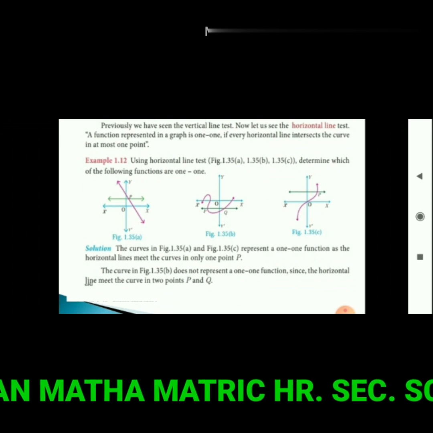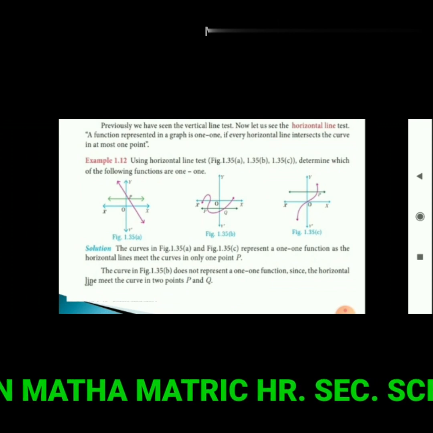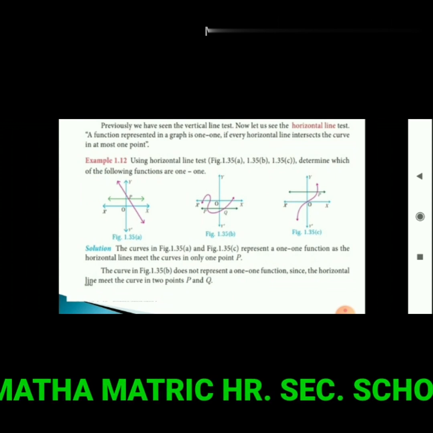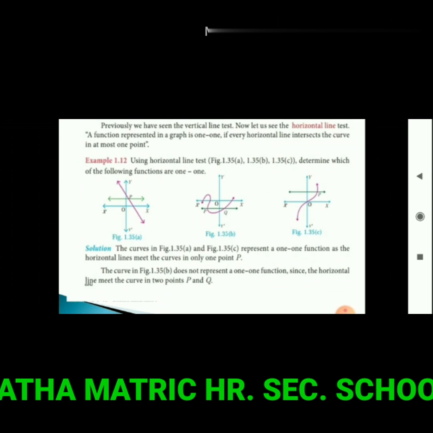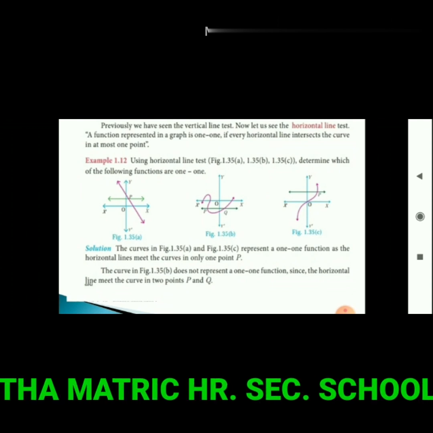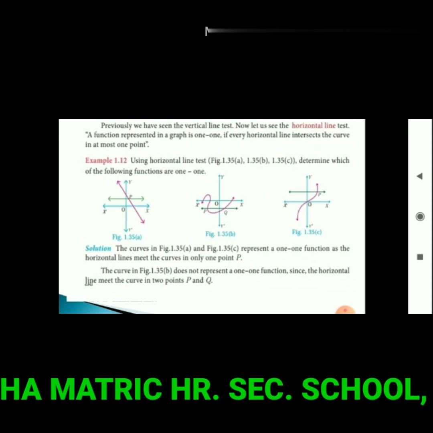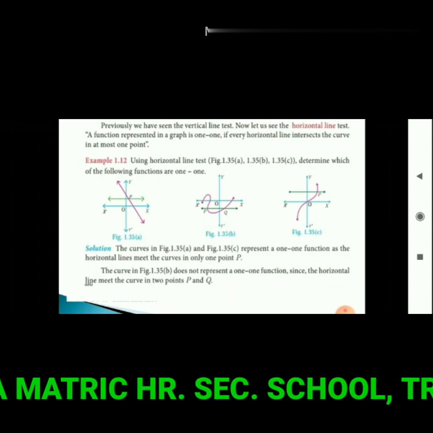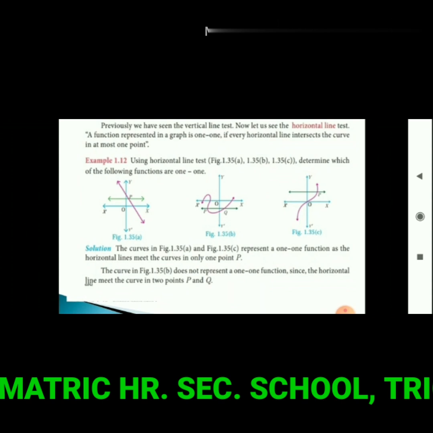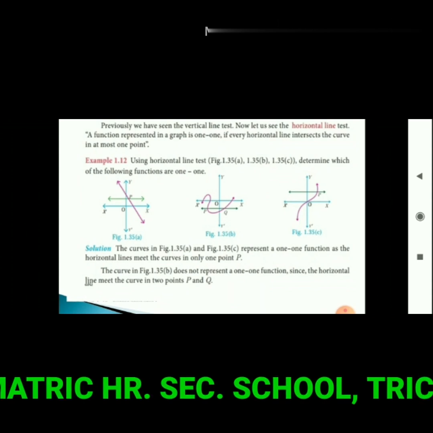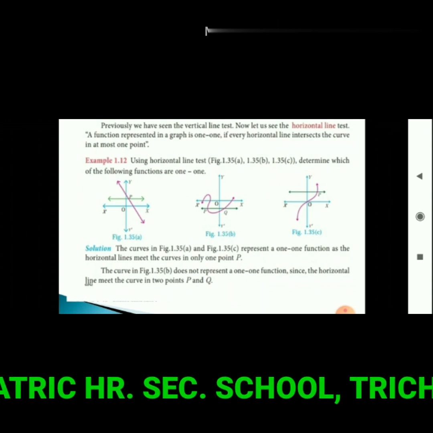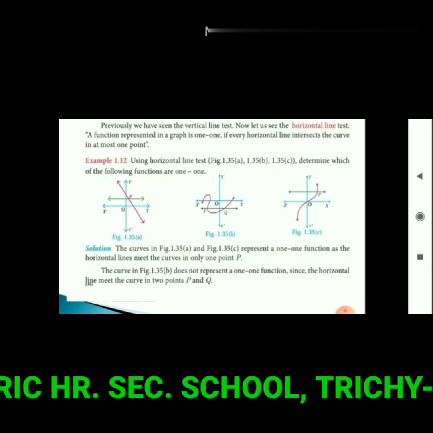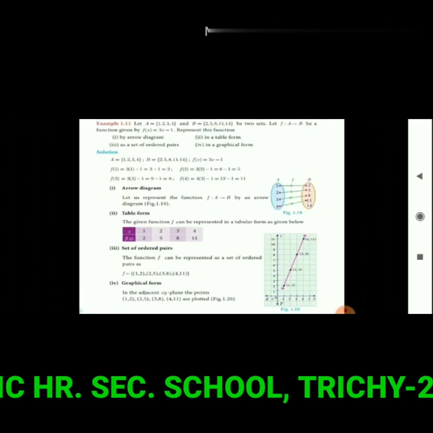Here in the first figure, the curve represents a 1 to 1 function as the horizontal lines meet the curve in only one point P. The second picture does not represent a 1 to 1 function since the horizontal line meets the curve in 2 points, that is P and Q. The third picture represents a 1 to 1 function as the horizontal lines meet the curve in only one point.